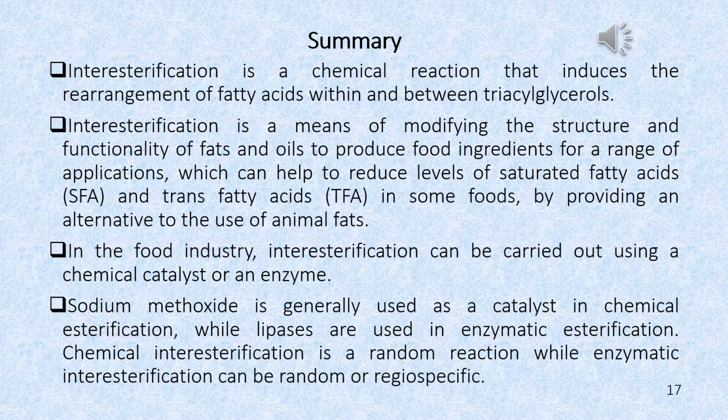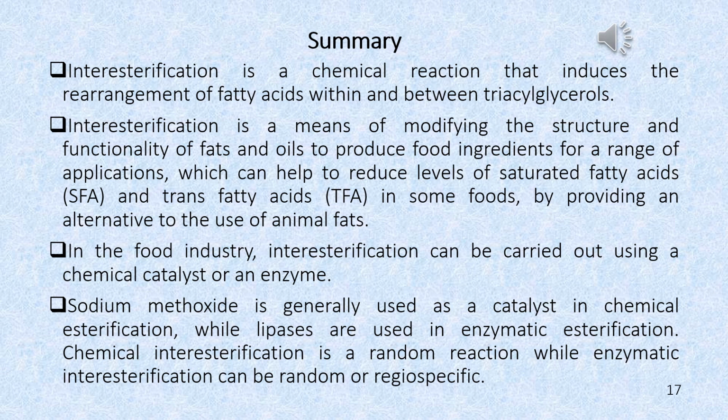Chemical interesterification is a random reaction, while the enzymatic interesterification can be random or regiospecific. So in this point, you can learn that there are some differences between the chemical interesterification and the enzymatic interesterification. To perform the chemical interesterification, we need a catalyst such as sodium methoxide, while for the enzymatic interesterification, we need a catalyst such as lipase.